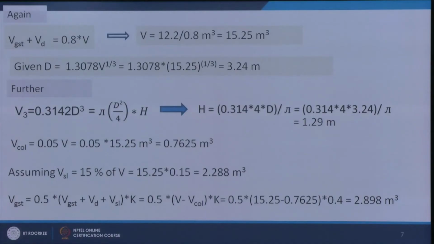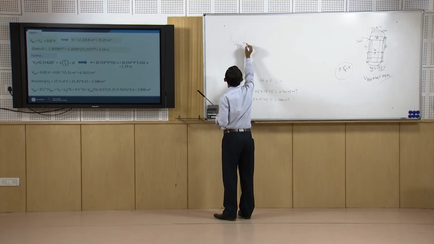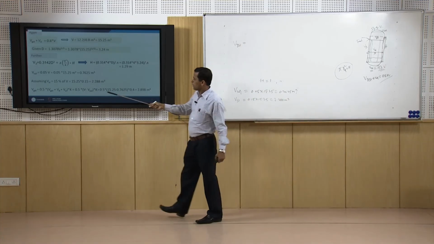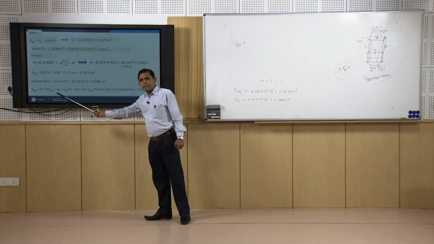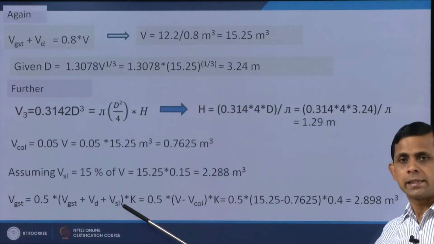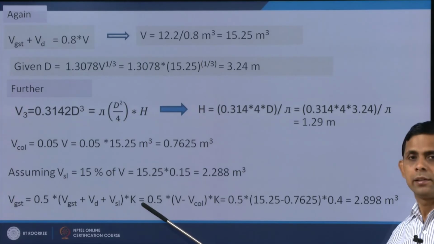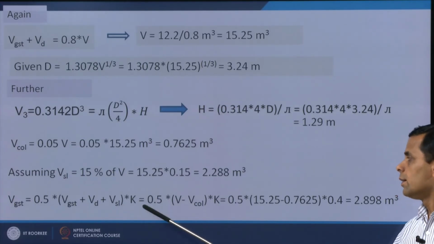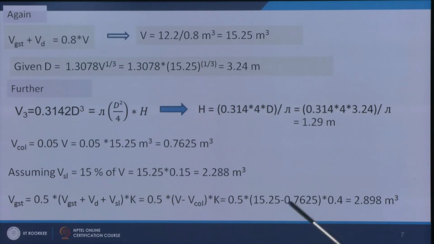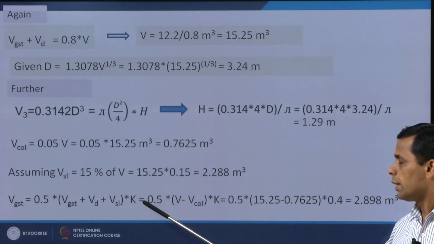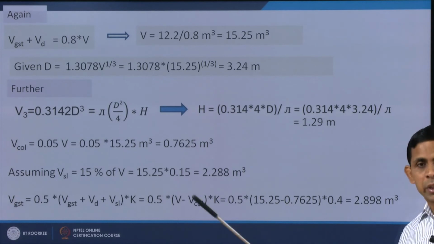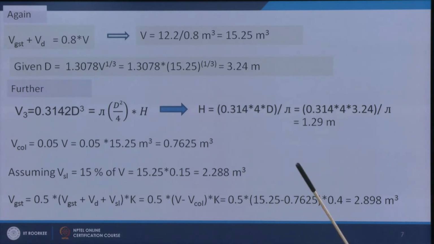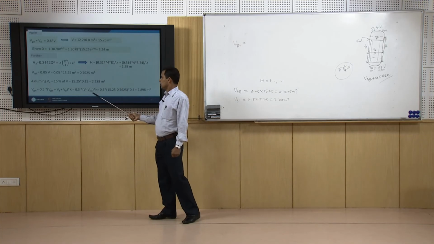Now, in the previous module we had seen that VGST is equal to 0.5 into VGST plus VD plus V sludge, into K. K is 0.4, that is meter cube of gas produced per meter cube of volume of reactor per day.